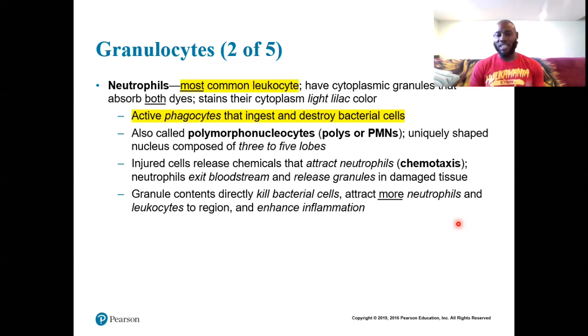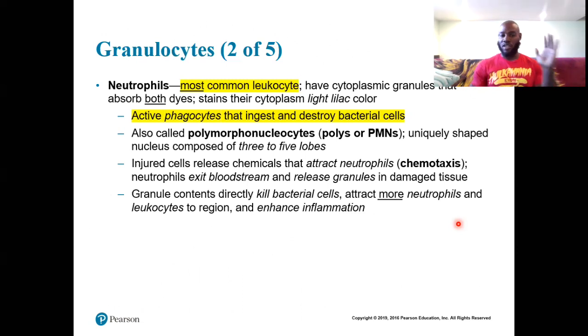And I highlighted usually a key point for each of these different leukocytes. All right, so we have neutrophils, most common leukocyte. Remember that it is a granulocyte.